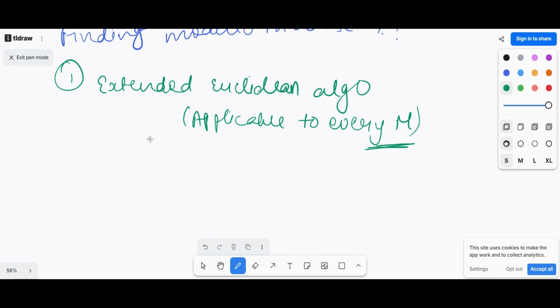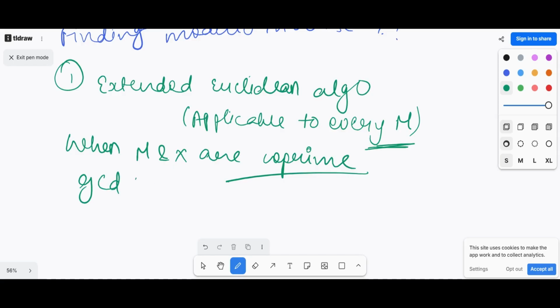Now, what is this extended Euclidean approach? It says that you can do this when m and x are coprime. What does this mean? When m and x are coprime, the GCD of m comma x is 1. So no, this is not applicable to every m. This is applicable when m and x are coprime.